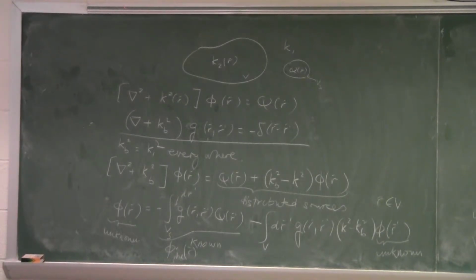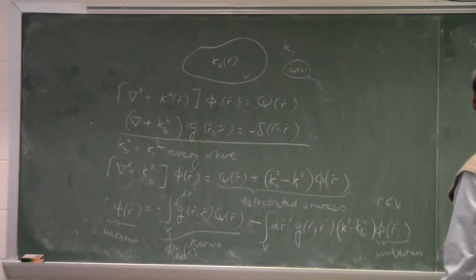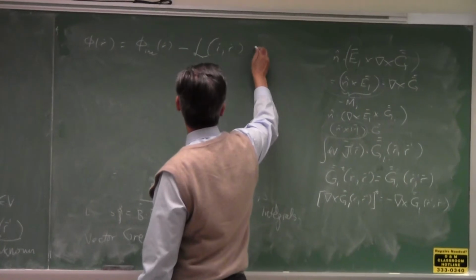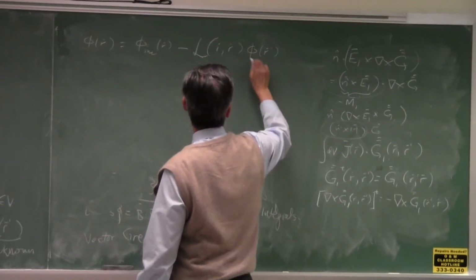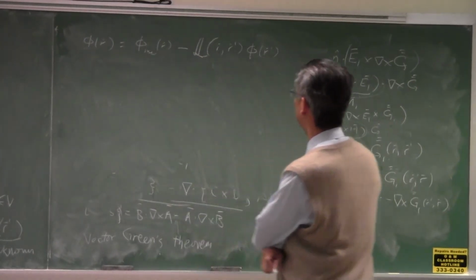So you can write this as phi of r is equal to phi incident of r minus an L operator operating on phi of r prime. You can think of this as a linear operator equation in this manner.